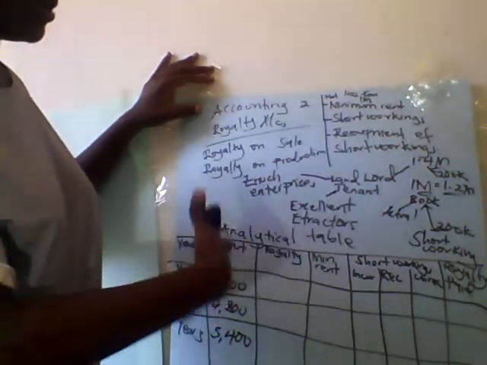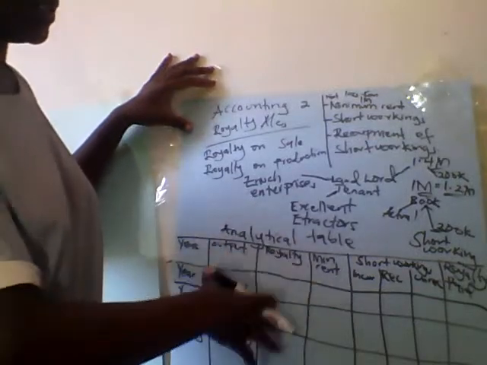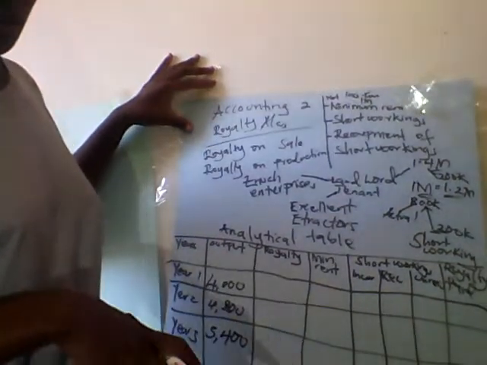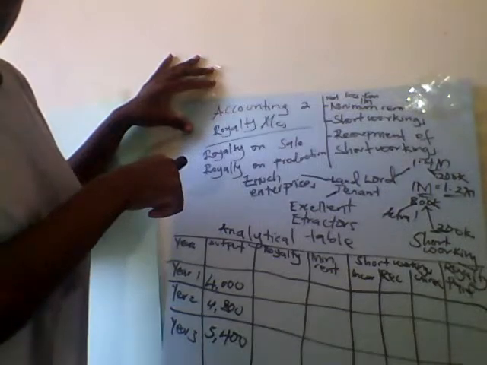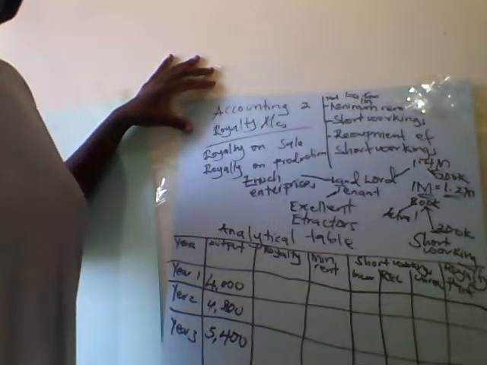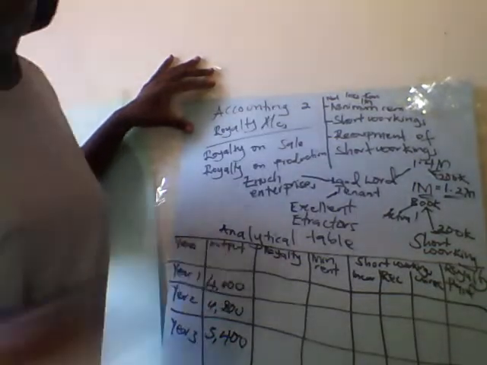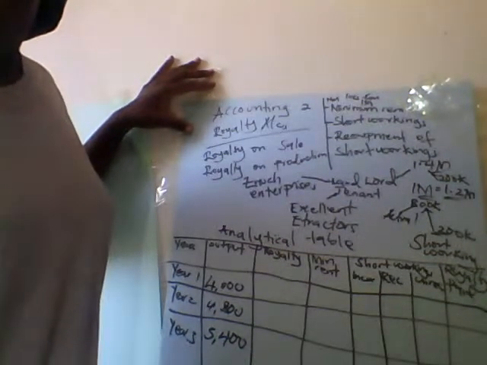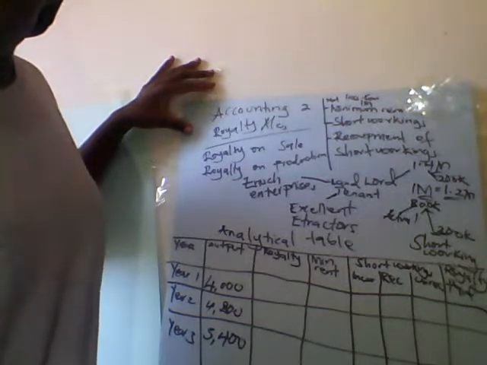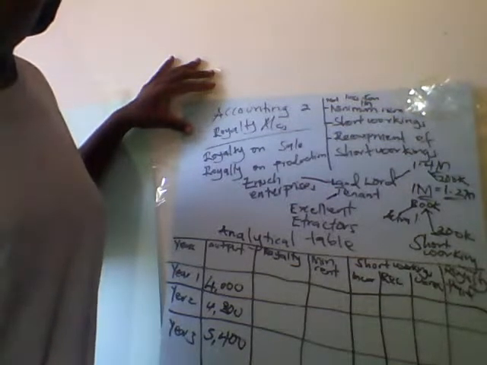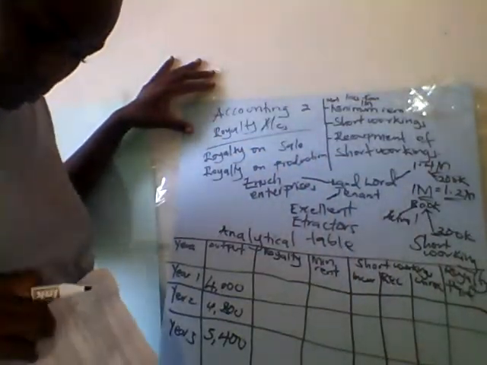This table is going to help us, it's going to make our work easier when we are preparing the royalty accounts. That's the reason why we draw it. Then for royalty, they have told us the payment of a royalty of 400 per ton.